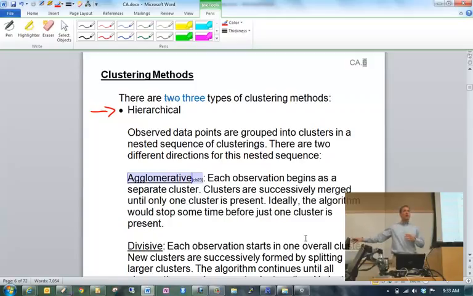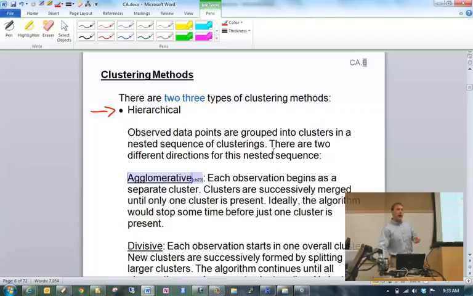I don't want to go all the way to 1 cluster overall, and I don't want to have n clusters overall. I need to go somewhere in between. So again, agglomerative starts with assuming all your observations are individual clusters, and then in a successive manner, start grouping the like observations together until you have 1 cluster.